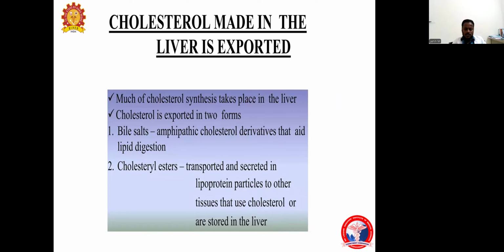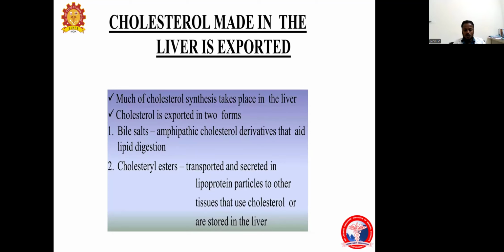The other is for cholesterol esters. These are transported and secreted in lipoprotein particles to other tissues that use the cholesterol, or they are stored in the liver.